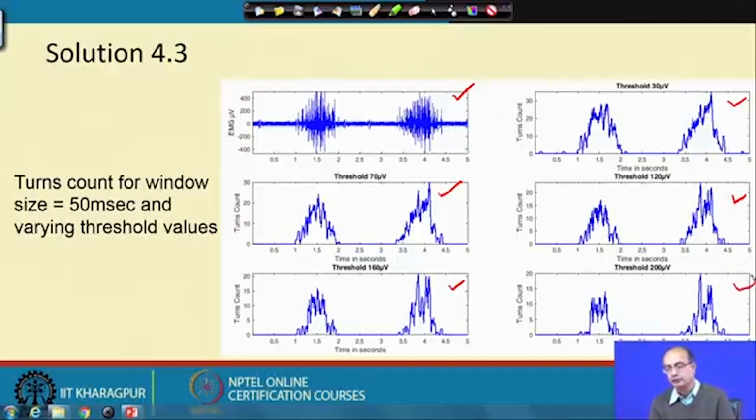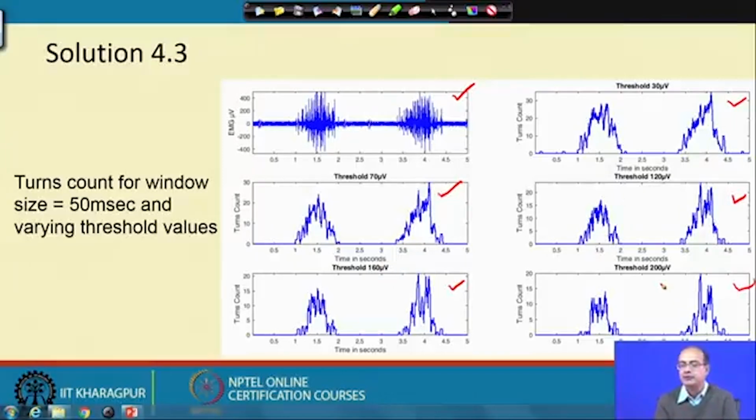If we look carefully, by changing the threshold, the shape is not changing very fast. For 30, 70, 120, the shape more or less remains the same. Again between 70, 120, 160, the shape remains the same. The same thing we can say about thresholds 120, 160 and 200.